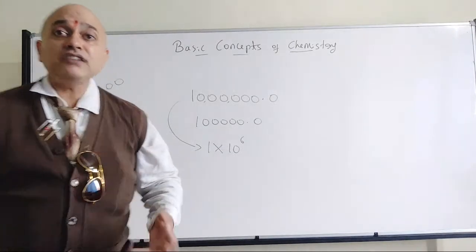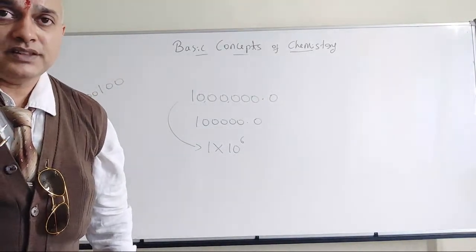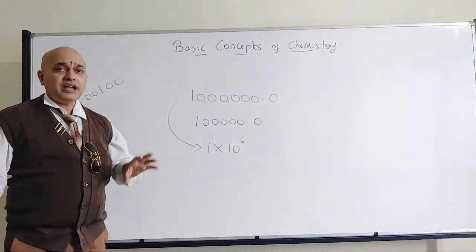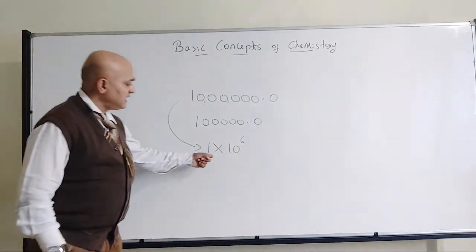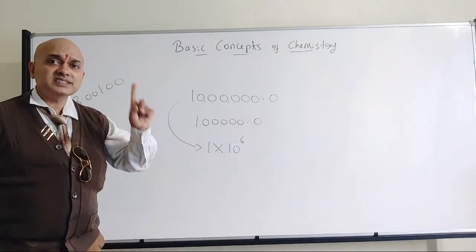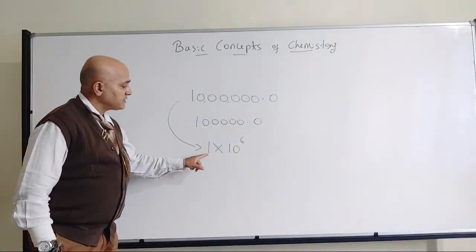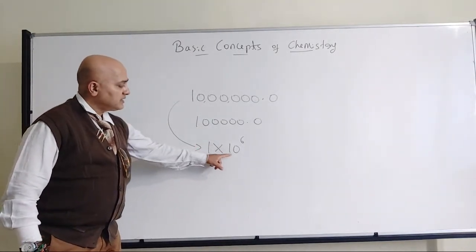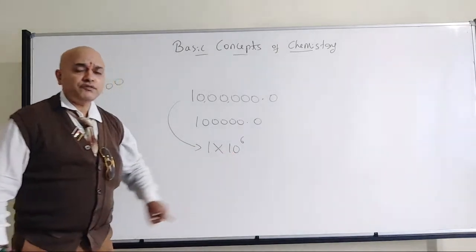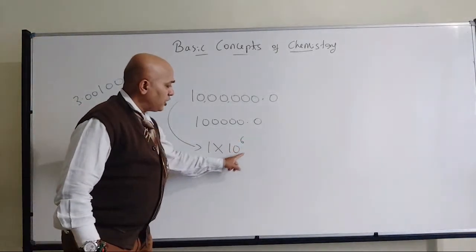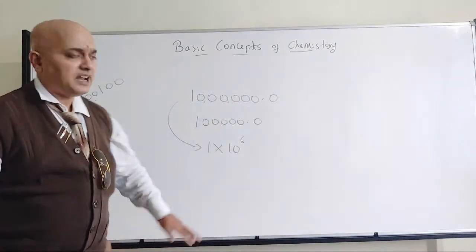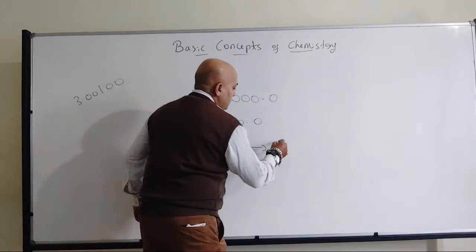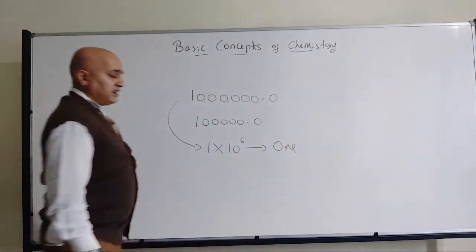So like that we can have the scientific notation to avoid errors, to have accuracy in the significant figures. In this case, it is having one significant figure, that is this one. This one is the scientific representation, which we are not going to consider in the significant figures. Therefore, it is having one significant figure.